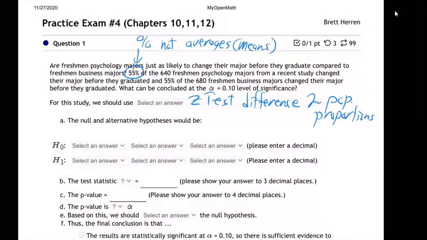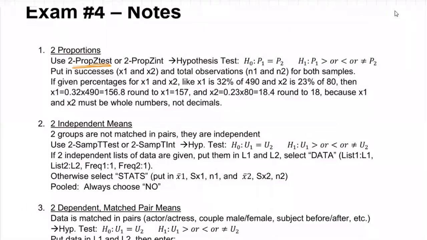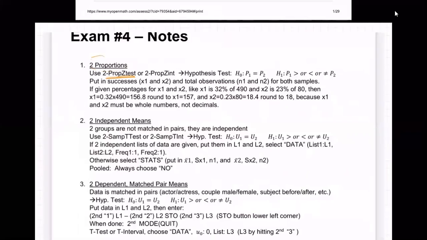And how do we know that? Because we're doing a 2 prop Z test on our calculator. It tells us right here: 2 prop Z test when you have 2 proportions.